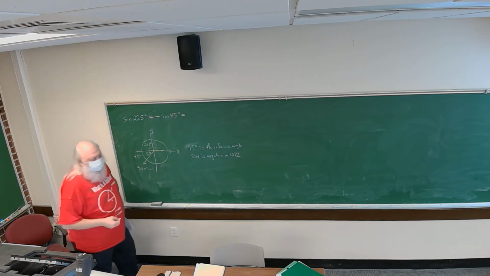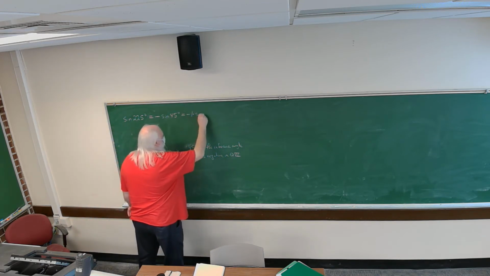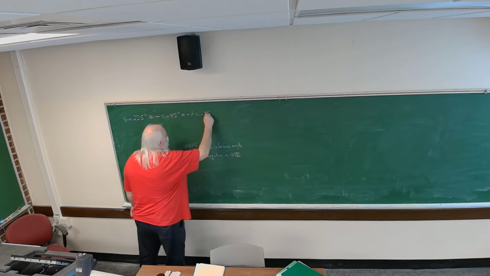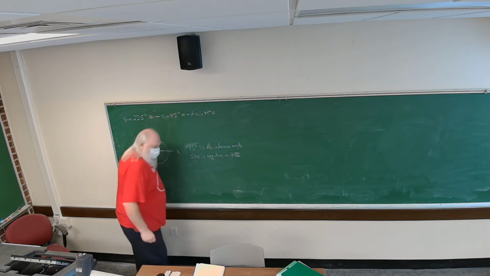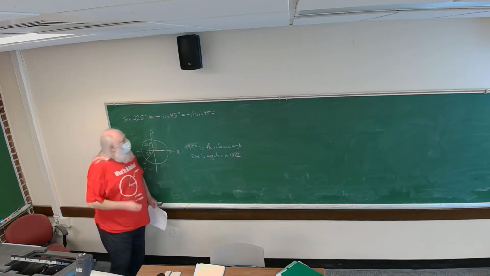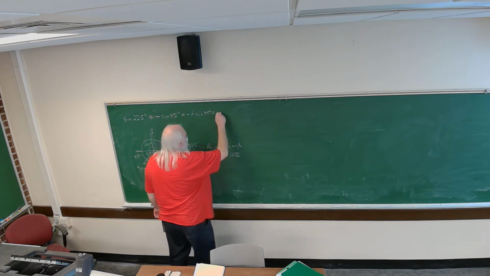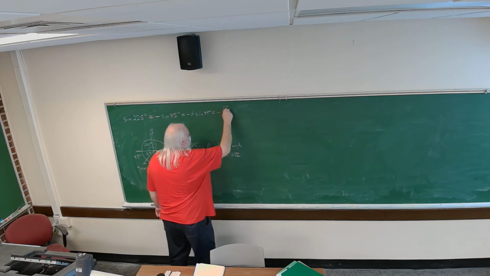And remember, when we put a minus sign out front of the sine function, that's -1 times the sine of 45 degrees. And you know from the previous page, the sine of 45 degrees is equal to square root of 2 over 2. So this is minus the square root of 2 over 2.